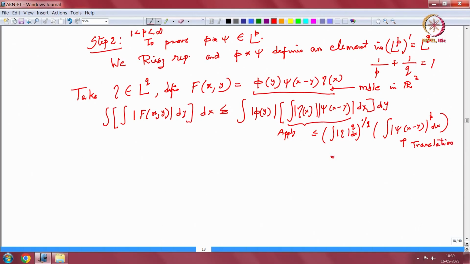This will be norm theta at q into norm psi at p, because you can apply translation, and that comes out. Then you get norm phi at 1, so this is less than or equal to norm phi at 1 times norm psi at p.